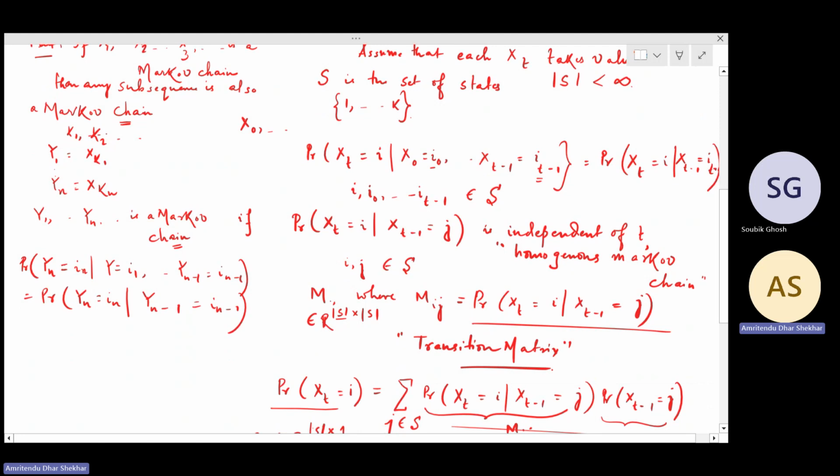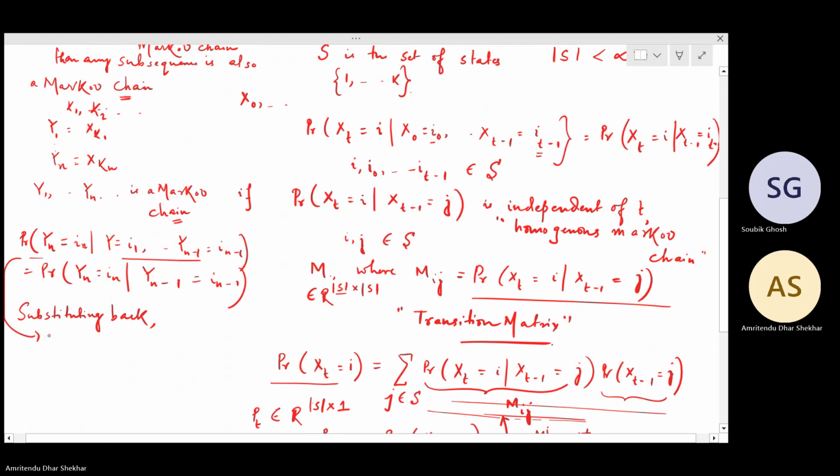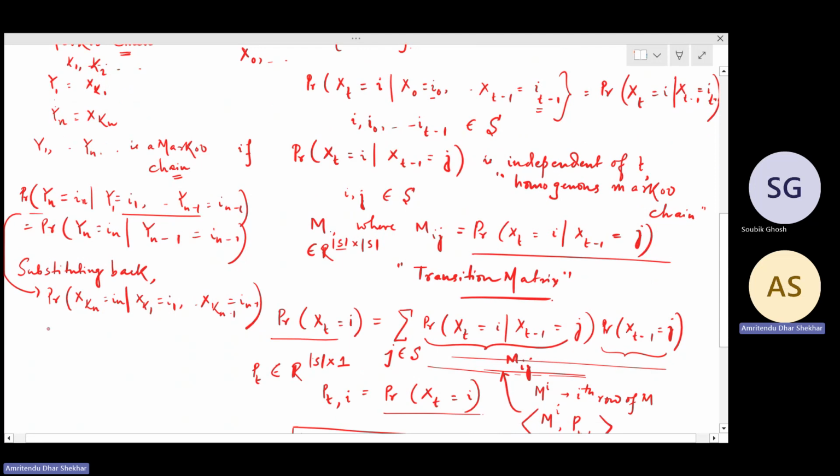Now, if we just substitute what we've just defined, this is equal to the probability of x_kn equals in, given that x_k1 equals i1, up to x_kn minus 1 equals in minus 1. Here k1 is smaller than k2, smaller than k3, and so on.